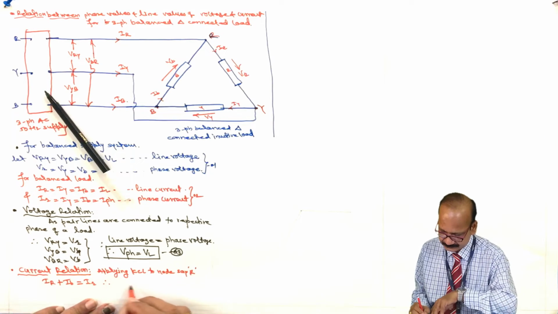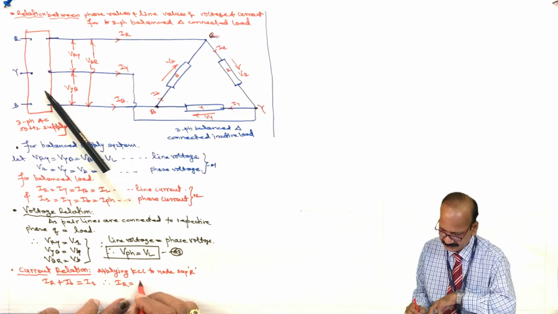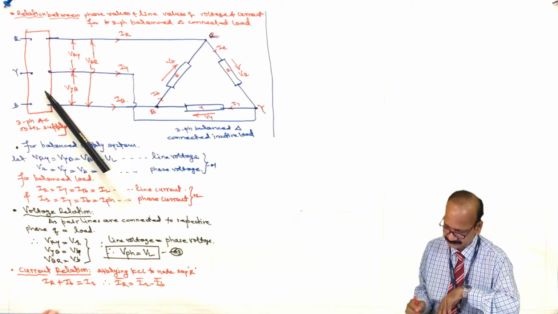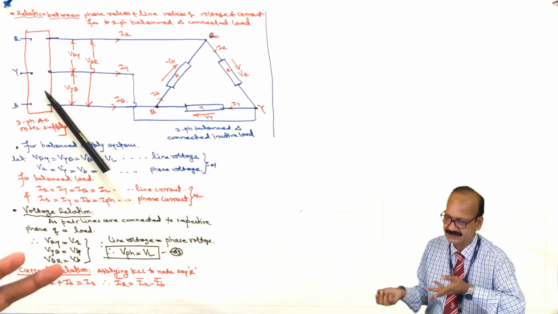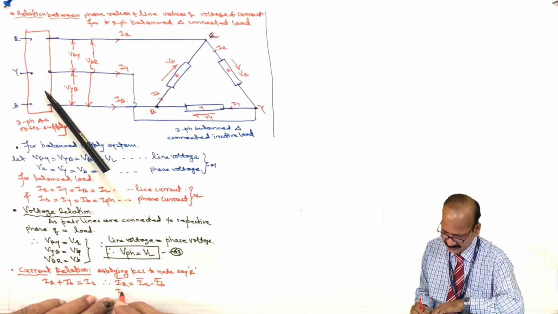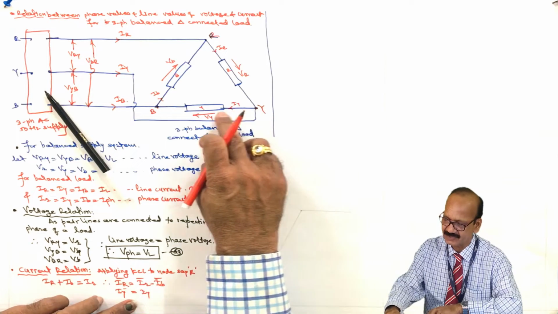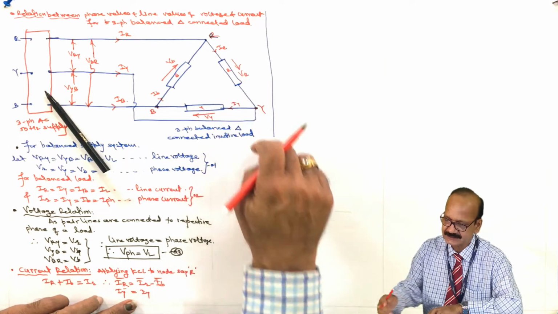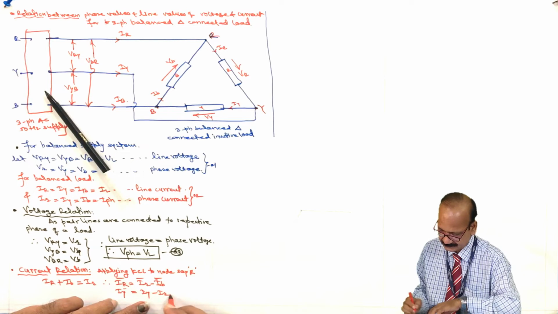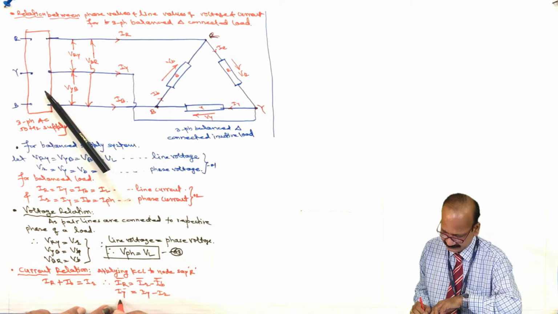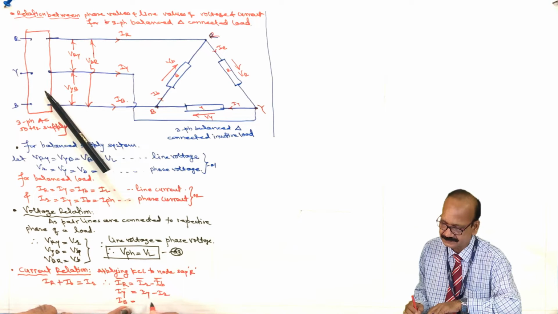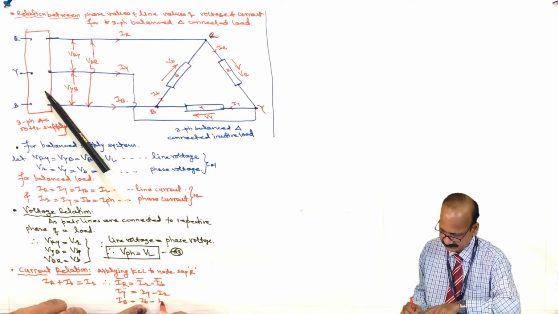Therefore I capital R equal I small r minus I small b. Similarly, we can write I capital Y equal I small y minus I small r, and I capital B equal I small b minus I small y.